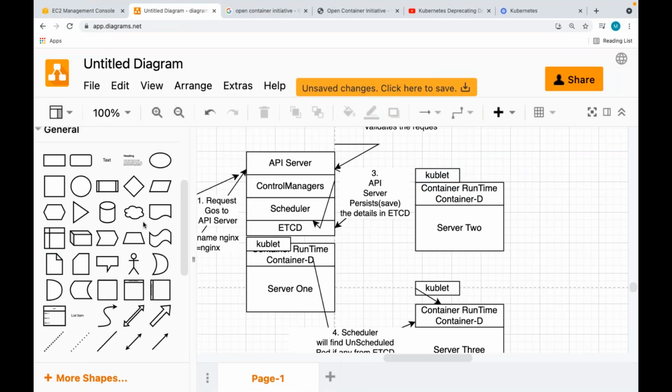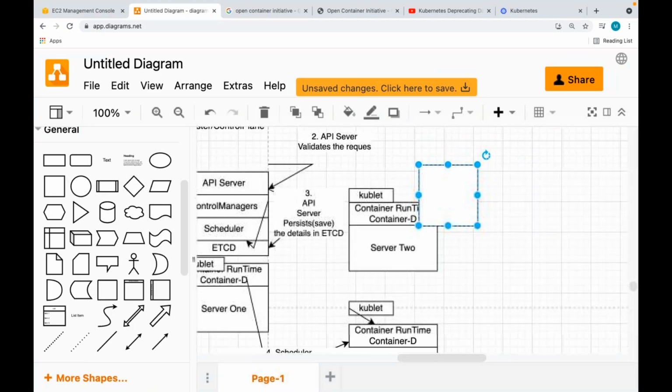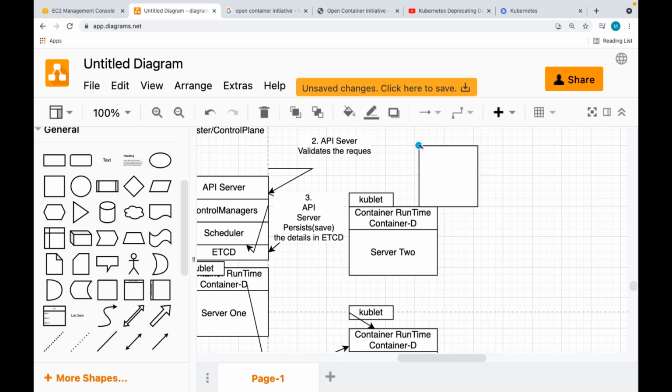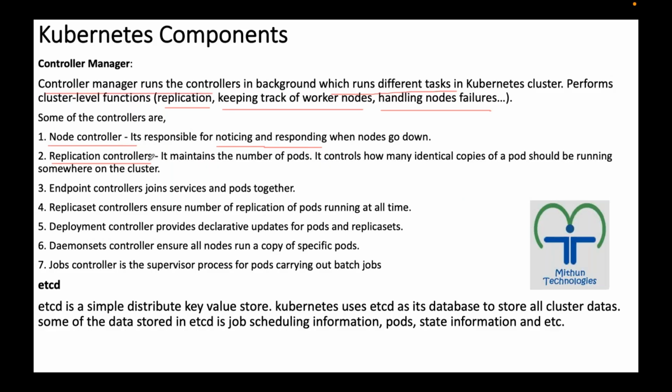Similarly, we have a replication controller. We created pods using Kubernetes. We created replicas. So I requested 2 pods. If something went wrong with these pod replicas, the replication controller will see whether we have the given number of pods in the cluster.